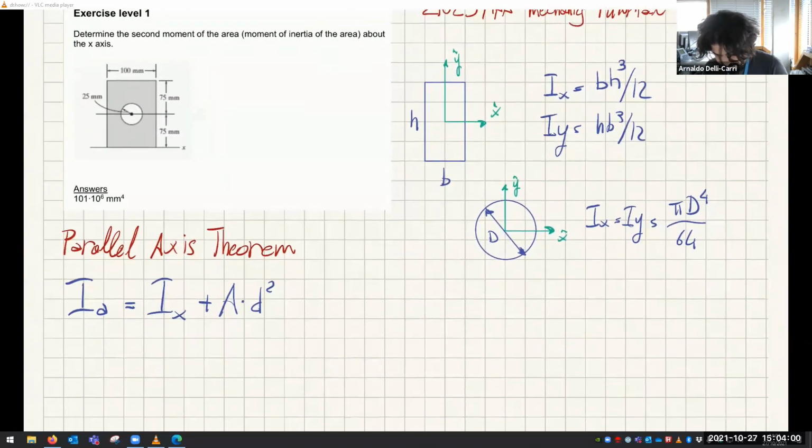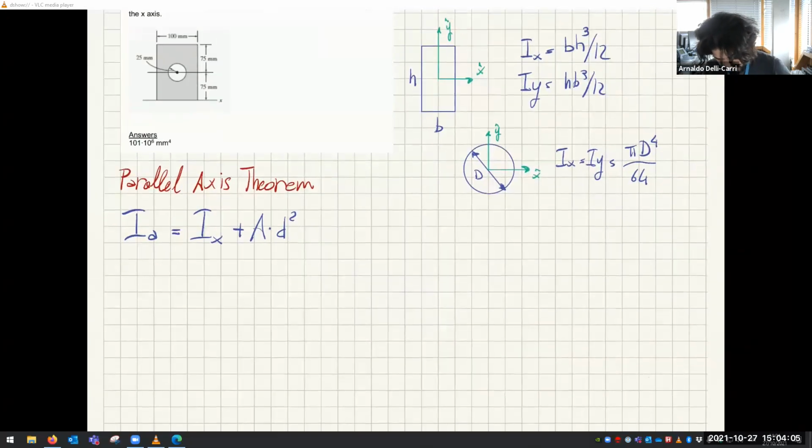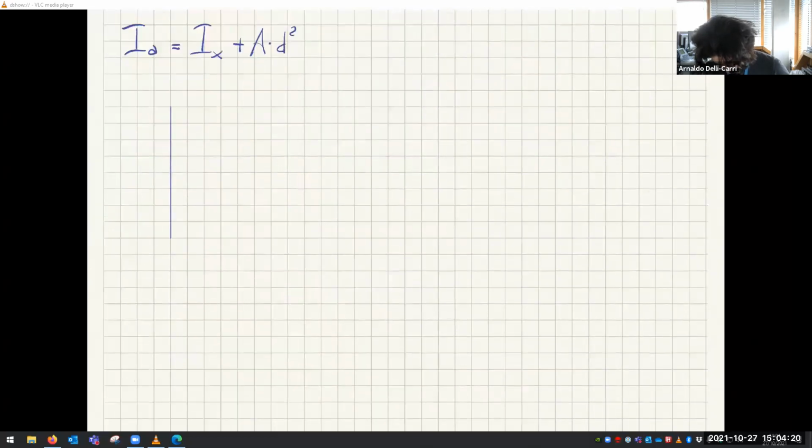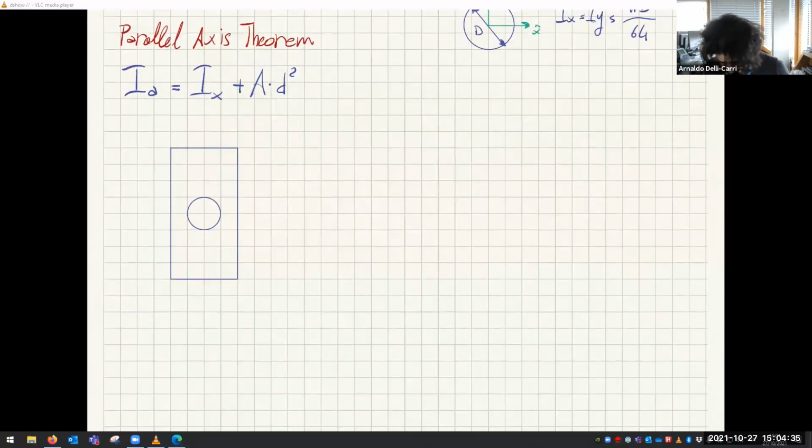So let's apply the parallel axis theorem to this shape. So let me draw this first. Okay.